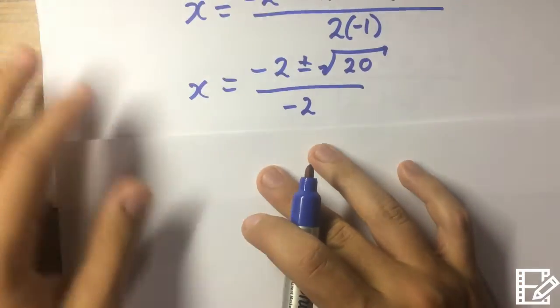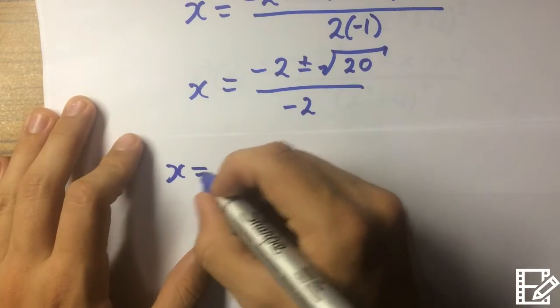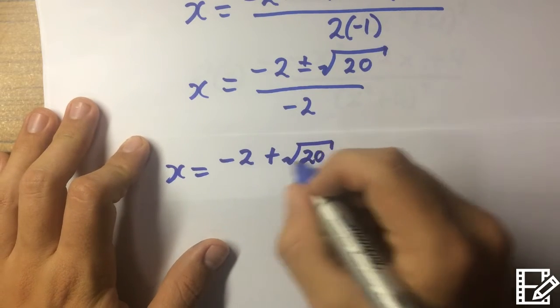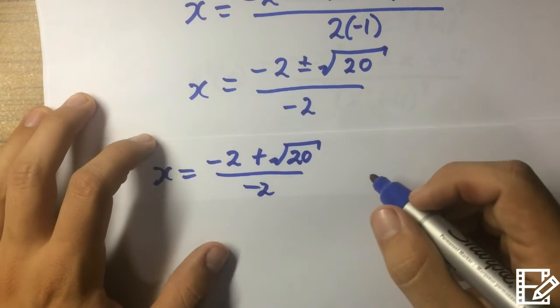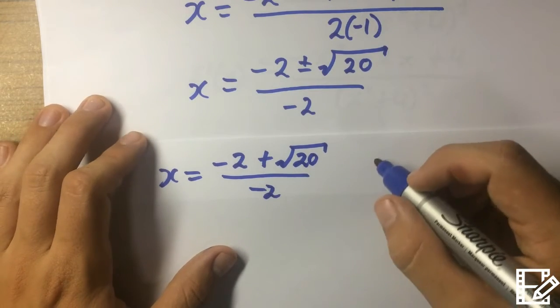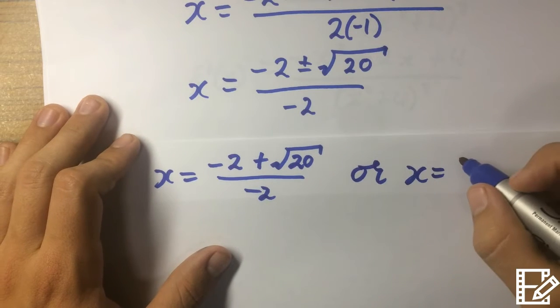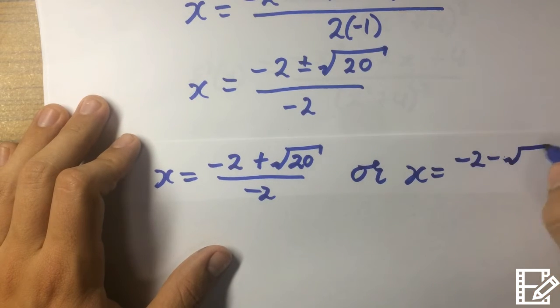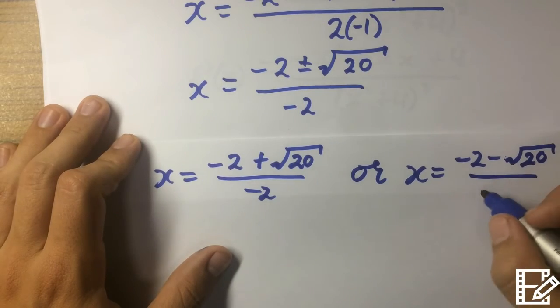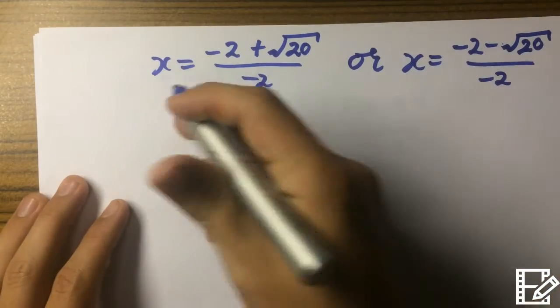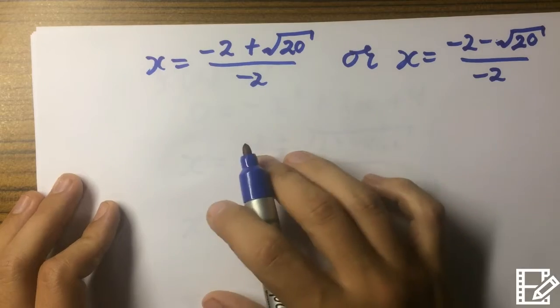That's the way I was taught to do this. x equals negative 2 plus the square root of 20 on negative 2, and/or x equals negative 2 minus the square root of 20 on negative 2. So now we're looking for our two x values. x could be this or it could be this, and we're going to find both of them.